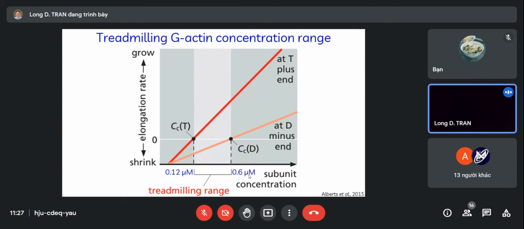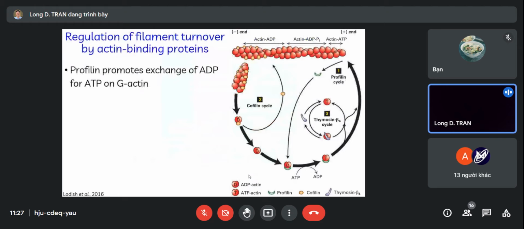The reason is that even though there's a lot of actin inside the cells, those actins are bound by something else. Also, we have profilin. As mentioned earlier, it promotes the exchange of ATP for ADP and leads to the formation of ATP-actin. So this ATP-actin can, in the usual case, be involved in the formation of new actin.